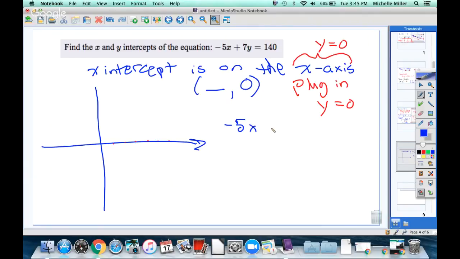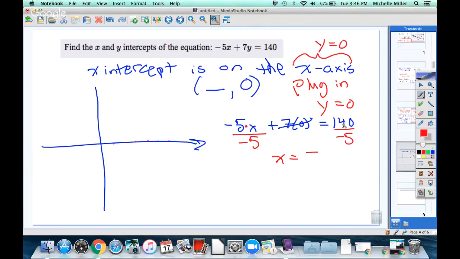So that's going to give me -5x plus 7 times 0 equals 140. Well, 7 times 0 is 0, so that term's gone. I just need to break that multiplication by dividing by -5. Positive over negative is a negative number, and 5 goes into 140 how many times?